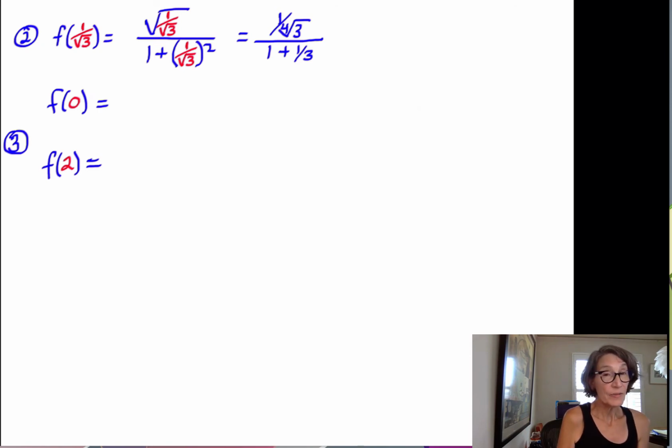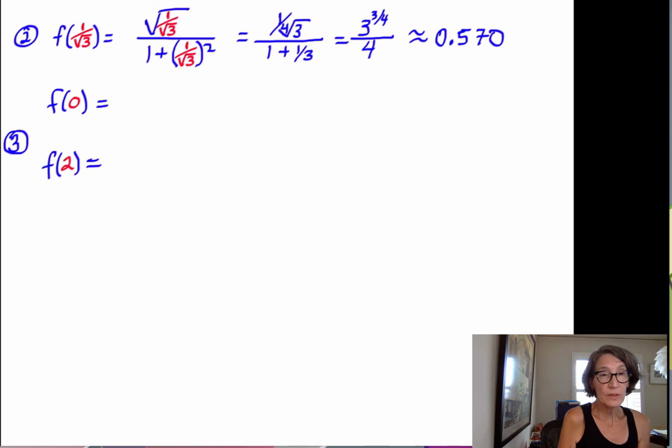So I have to simplify further, and when I get it all simplified, I can write it as 3 to the 3/4 over 4. You can fill in the steps. There's a little algebra to get that final answer. And now this number is going to be hard to compare to the other numbers that we're going to get. So when I put it into my calculator, I get a rough estimate. It's about 0.57.